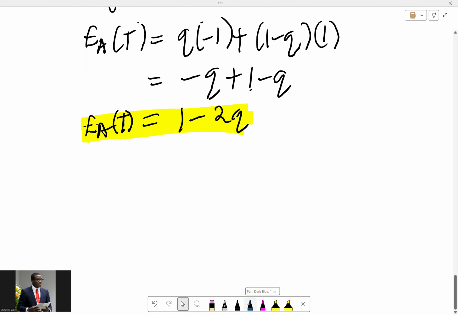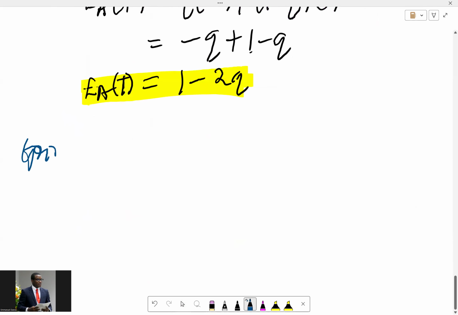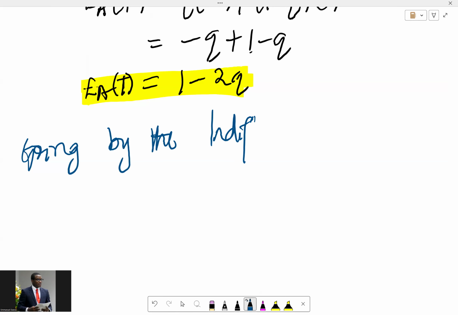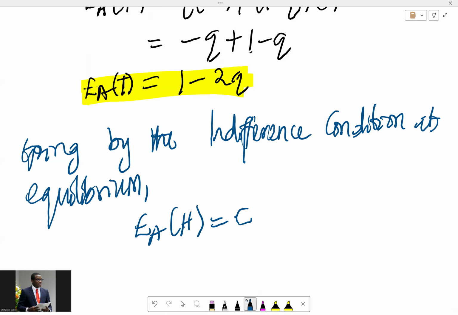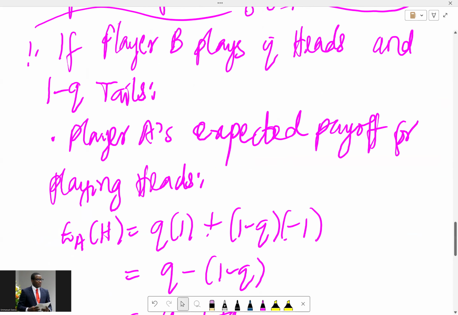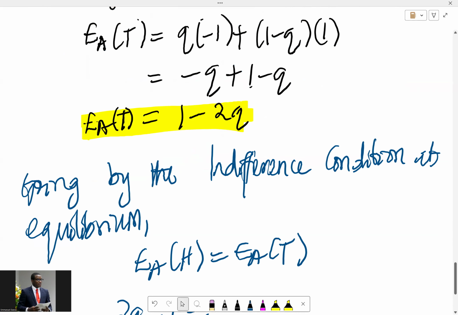Now, we have this indifference condition. Going by the indifference condition, this is a condition at equilibrium. Going by the indifference condition at equilibrium, we know that EA of H should be equal to EA of T. EA of H is 2Q minus 1, so we have 2Q minus 1 equals EA of T, which is 1 minus 2Q.